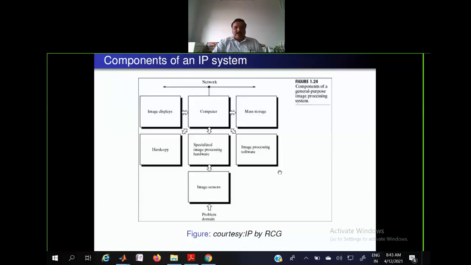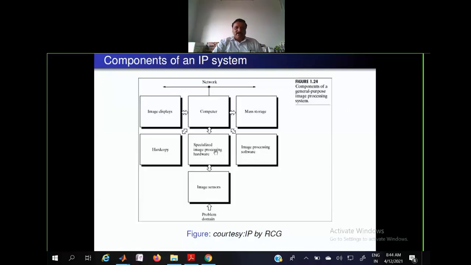Whenever you are developing an image processing based system, you should first decide what camera, that means sensor, I need to use, what hardware you want to use, whether you want to use a DSP processor, a Raspberry Pi processor, or some ARM controller, whatever you are interested in. So you need some software, whether you want to use MATLAB or OpenCV or Python code.